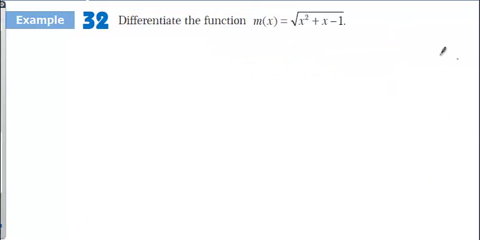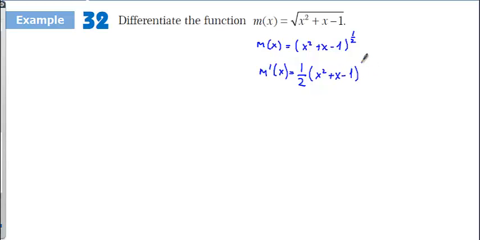Especially we can use this for roots. Maybe the derivative is going to be difficult, but if you write the root as a power, (x squared plus x minus 1) to the power of 1 over 2, then since the power is 1 over 2, I apply the power rule. m derivative x is equal to 1 over 2 times (x squared plus x minus 1) to the power of 1 over 2 minus 1, times the derivative of x squared plus x minus 1.